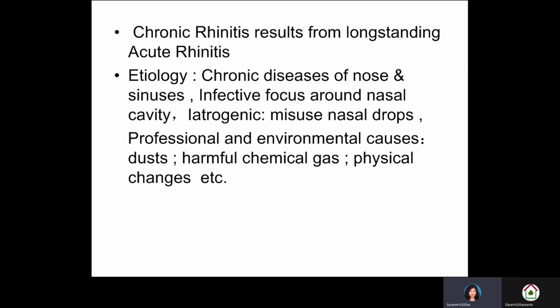Okay, also it includes some clinical diseases of nose and the nasal cavity and the paranasal sinuses. Okay, so all these things as well as professional hazards can cause acute rhinitis, which may progress into a chronic rhinitis, which is a chronic condition of the nasal cavity.